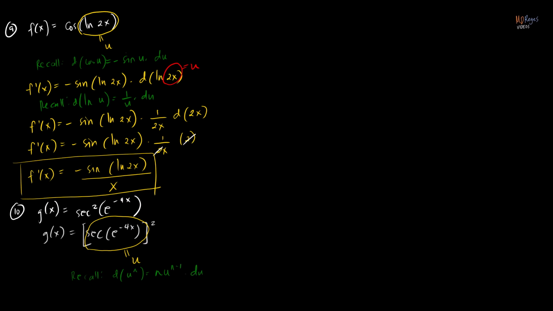This is the formula that we're going to use. So the derivative of g of x using the general power rule is n times u, where u is the base, secant of e to the negative 4x. Now n minus 1 will give us 1 as the exponent of the secant function, so no need to write that anymore. Times du, where u is secant of e to the negative 4x.